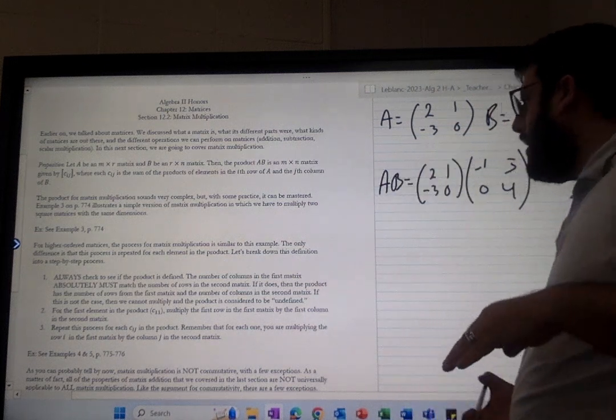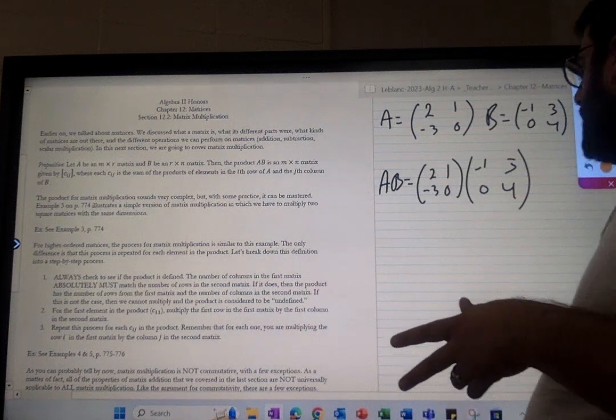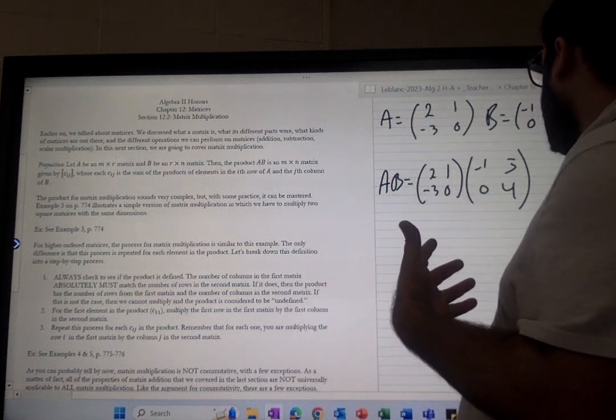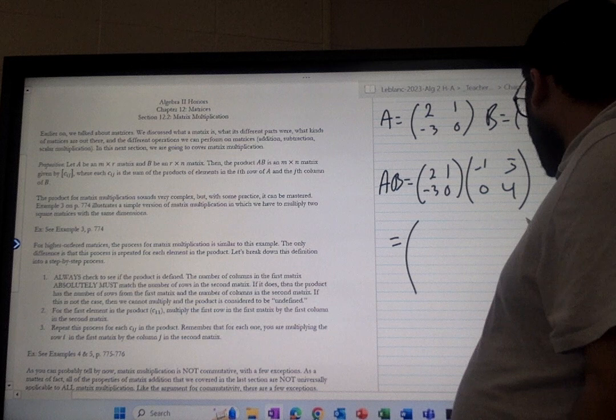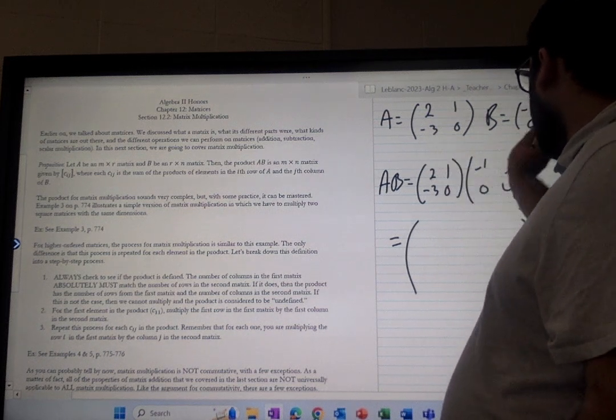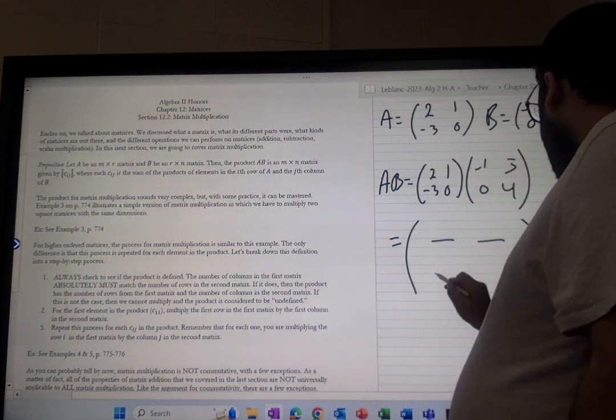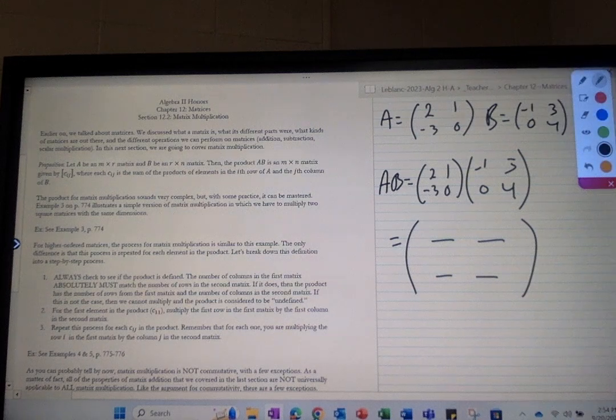I'll explain more about how matrix multiplication is defined in just a minute. But these two are 2 by 2 matrices, so this product will also be a 2 by 2 matrix.